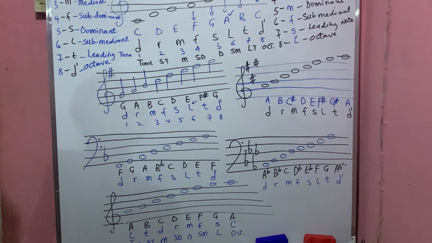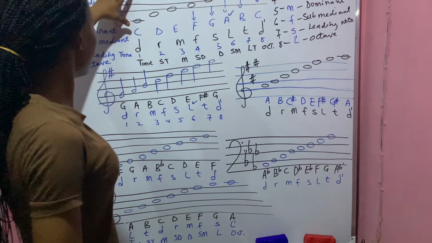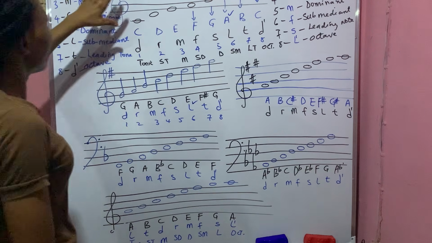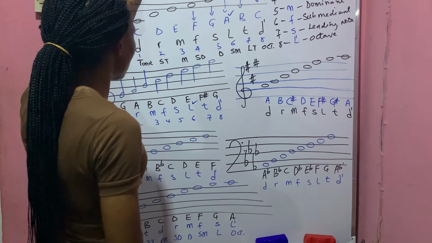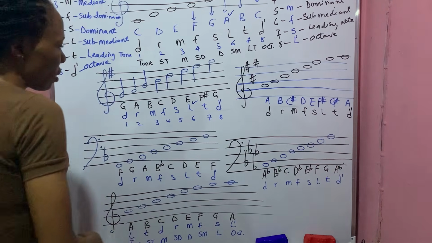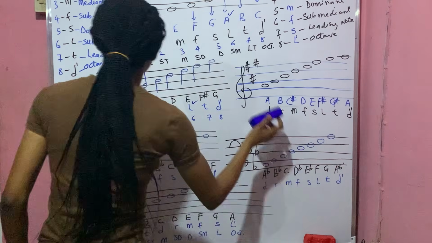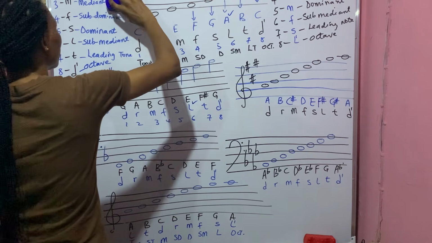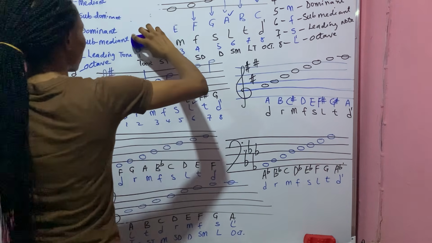Okay, so I've already explained this, so that means I can clean this so that we use it for E minor. We are done with C major, right?